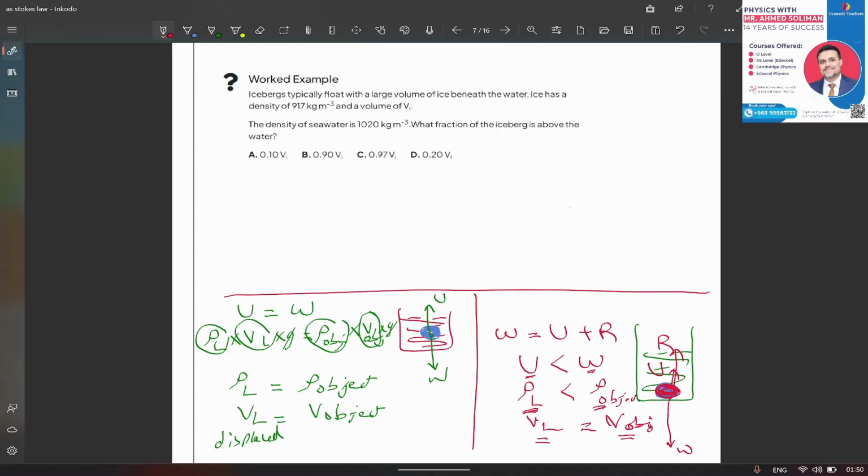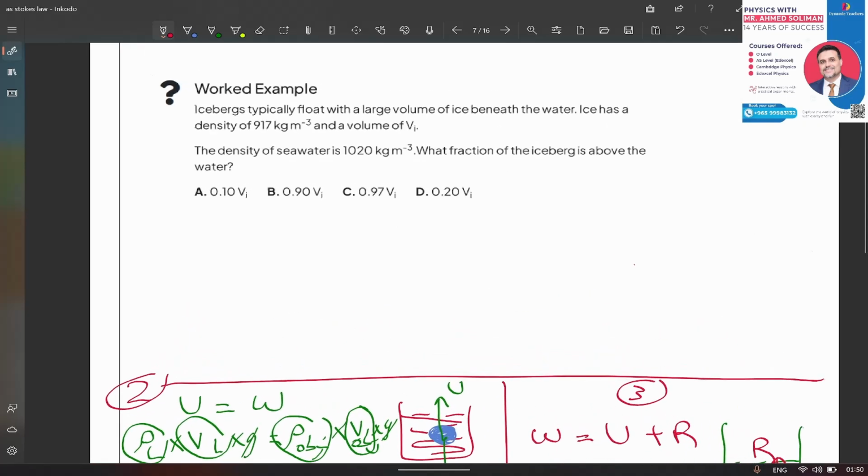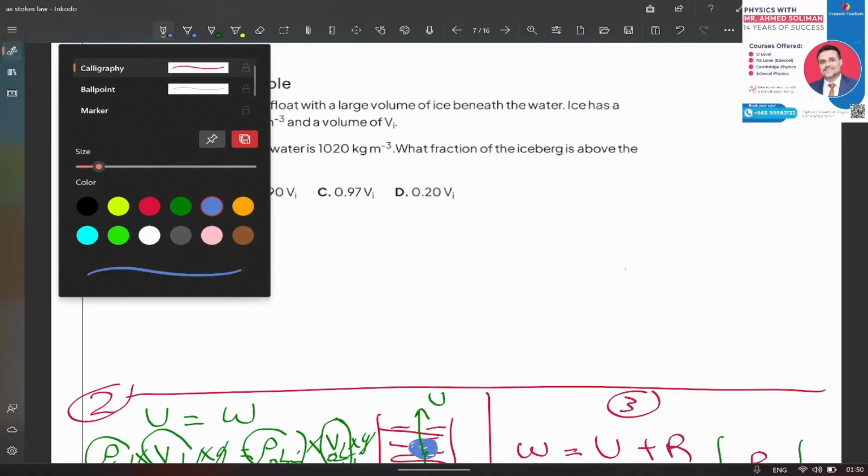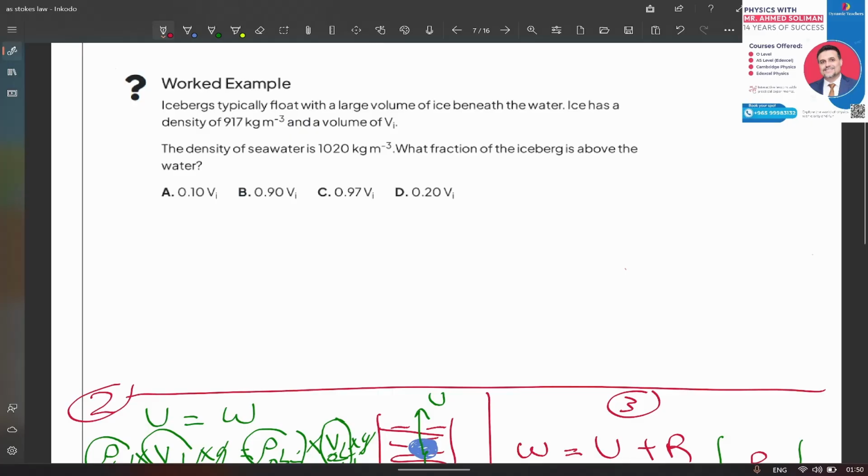Okay, now let's move to solve this question. So this is 2 and this is 3. He said in this question, icebergs typically float. So now he said float with a large volume. Float, what does it mean? It means U equals W. Ice floats on the water.